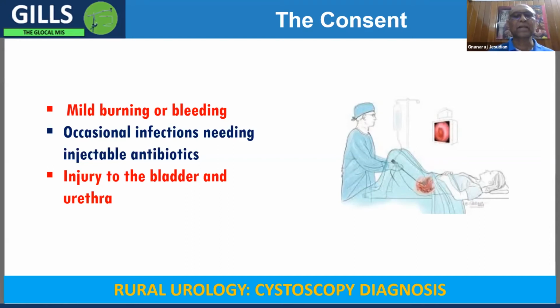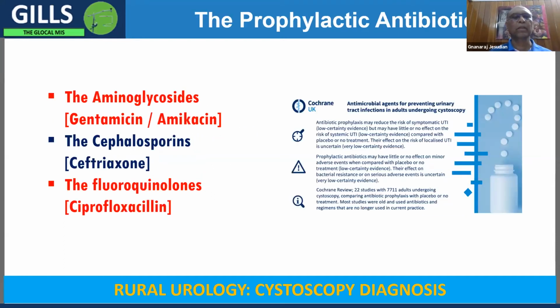And there are instances where even catheters can cause trauma and injury and strictures. So it's important to be very gentle during the procedures and also get consent for all these procedures.